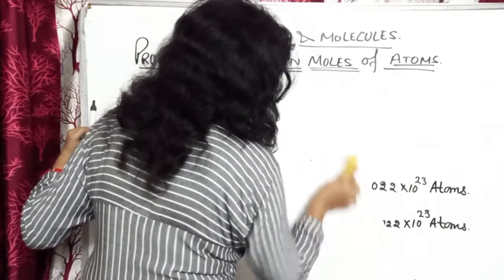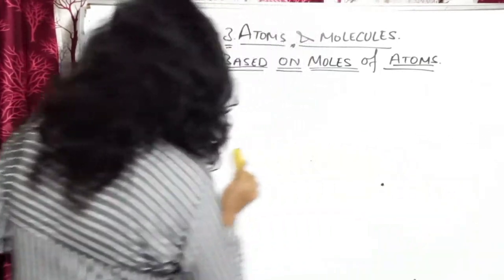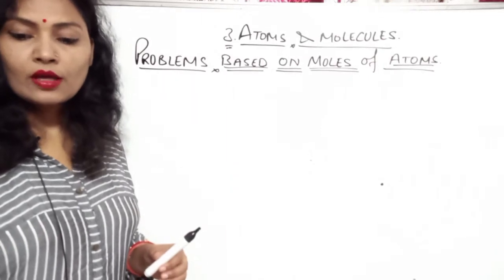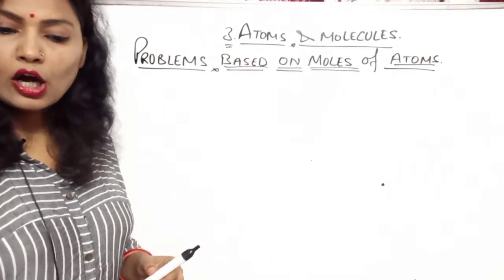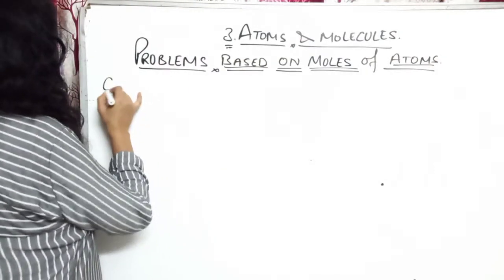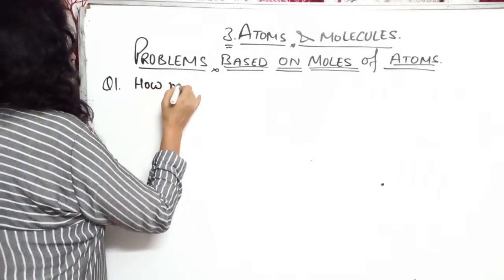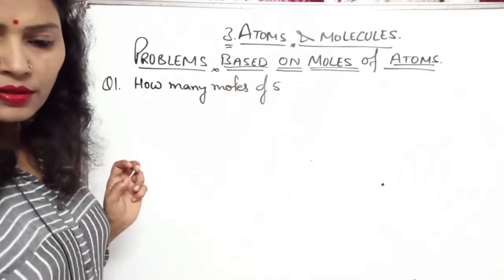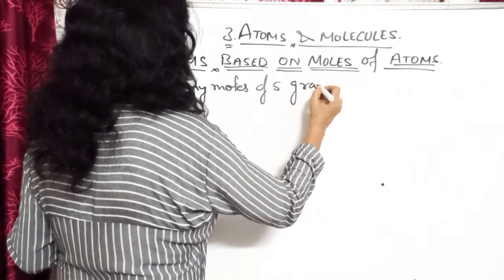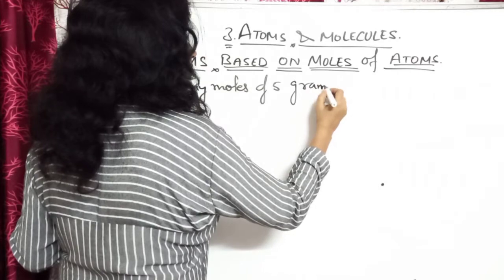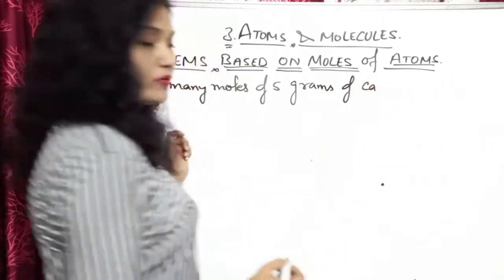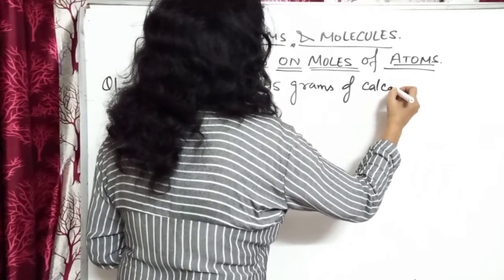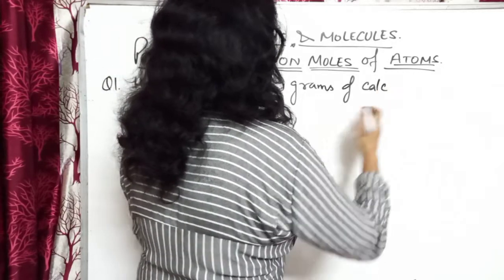So, first problem, you can write it: how many moles are there in 5 grams of calcium? Calcium is represented by Ca.